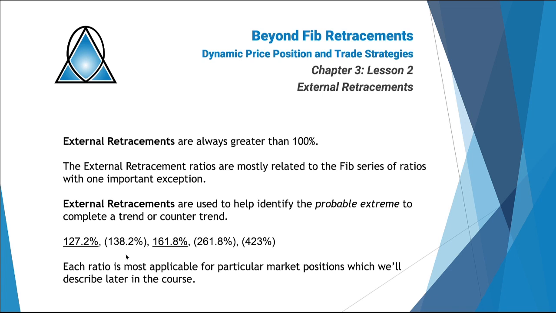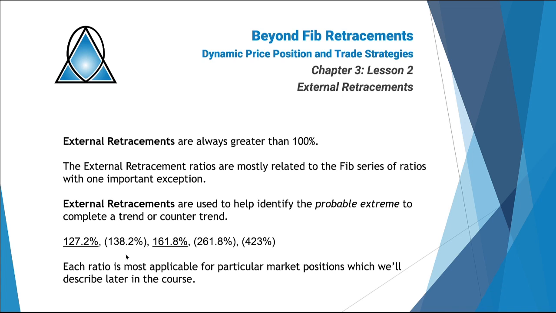So it is related to it, and it has a lot of relationships in sacred geometry, as we call it, philosophical geometry, ancient architecture, that type of thing. Boy, you're going to find that it's really valuable when we use external retracements to identify the probable extremes to complete a trend or a counter trend. So we use that ratio even though it's not directly a part of the Fib series.